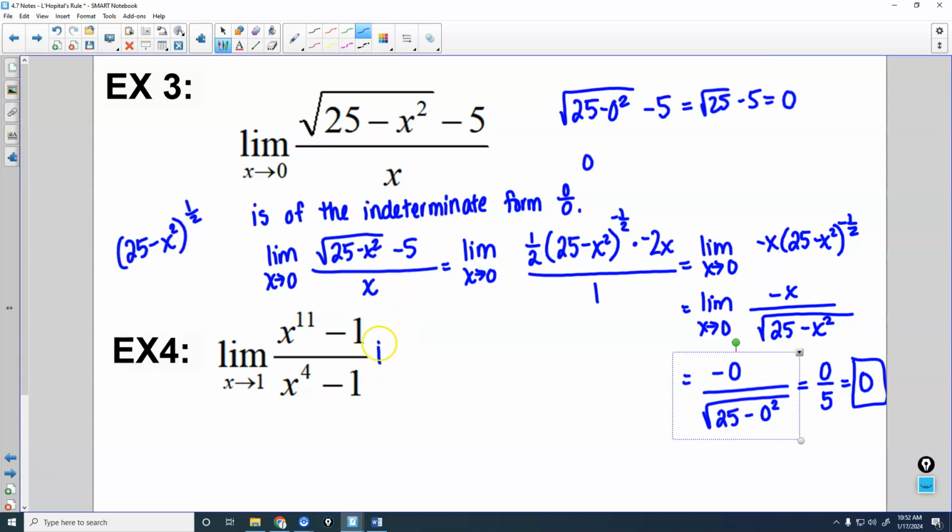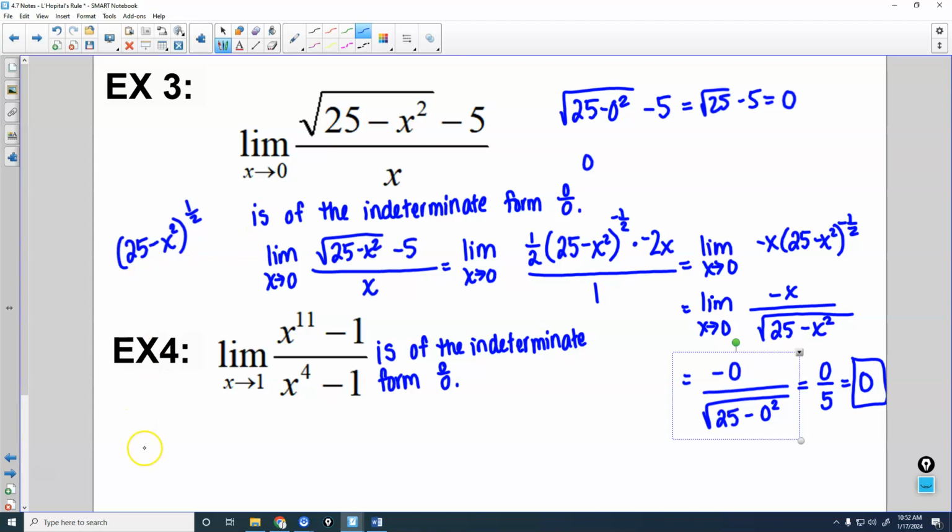So I think it's going to be okay if you just say is of the indeterminate form 0 over 0 without showing any work of how you plug that in.